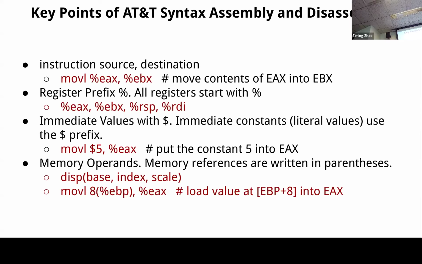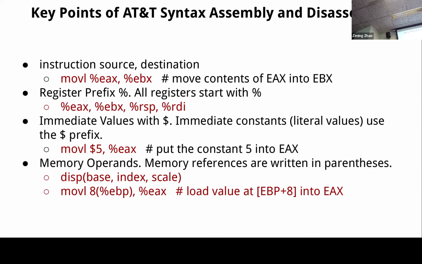But what we are moving, so you see parentheses here, a pair of them, it means we're moving from the main memory, okay? We're not moving from another register. And for the main memory, where is the address? Where is the location? The location is stored at the register EBP, which is a base register, plus some, let me just call it offset, right?